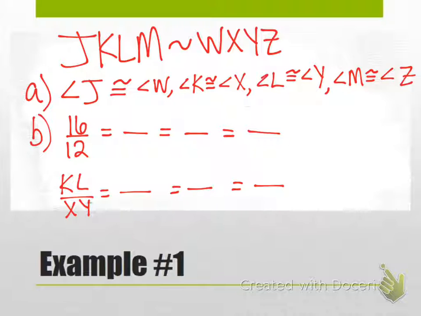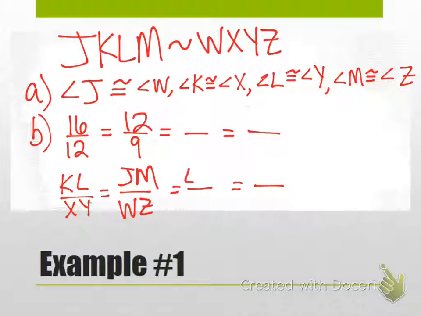What's the next longest side length from JKLM? JM. What does JM have a length of? 12. And the next longest for the other one is WZ, which has a length of 9. Are we all getting the hang of this? Okay, the next longest one. LM.